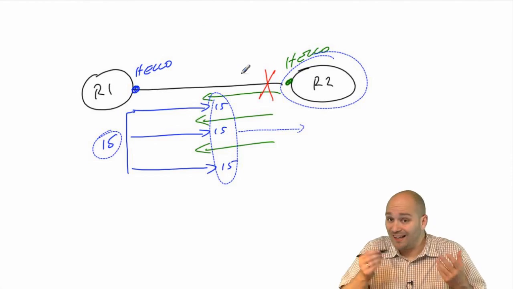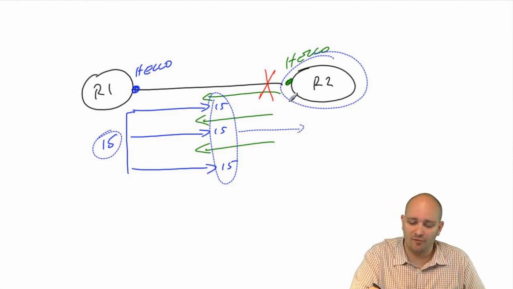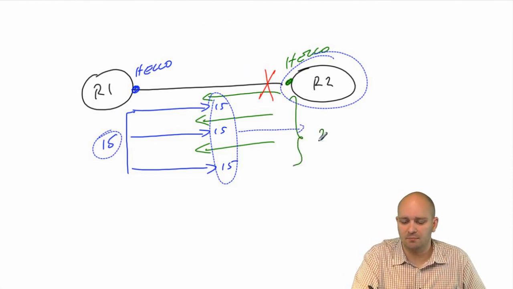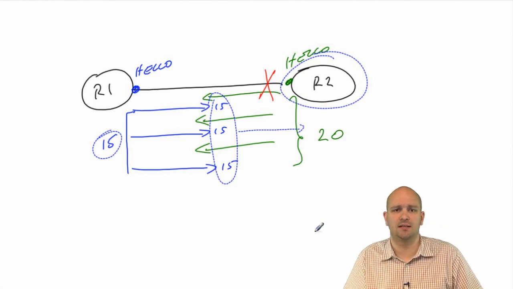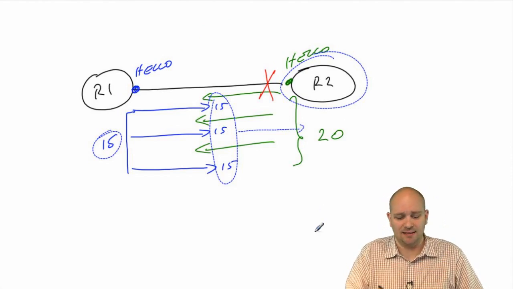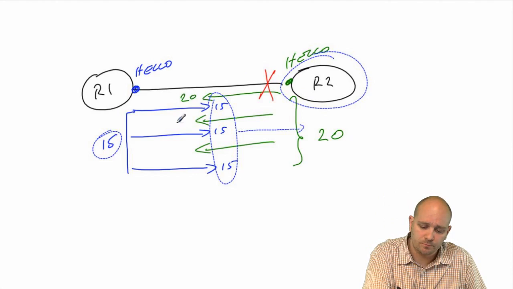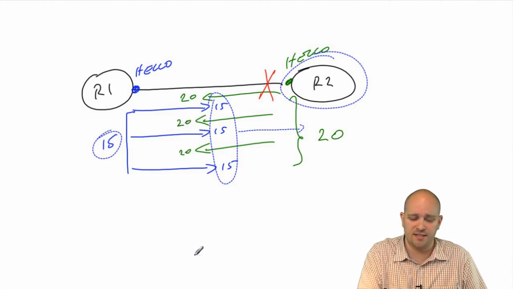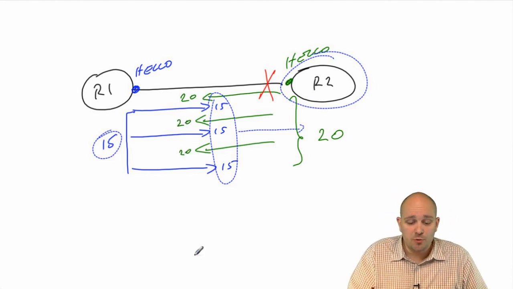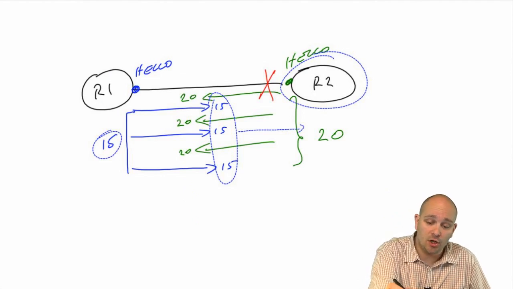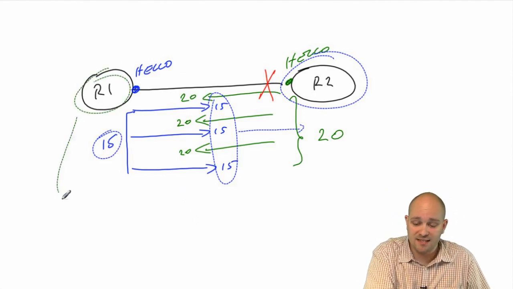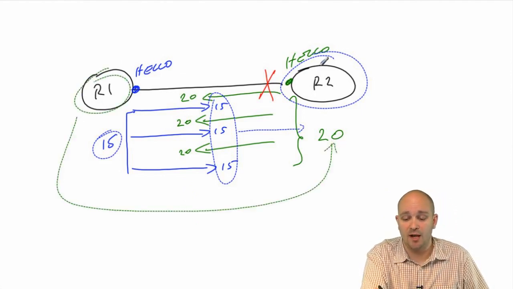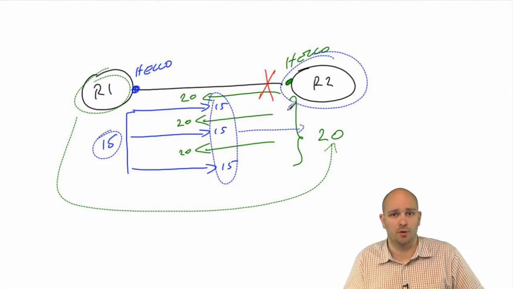But at the same time, on the same link, we could have R2 saying, you know what, use a hold timer of 20 seconds. This information will be included in every single hello message, which means that R1 is going to be using it to determine whether R2 is reachable or not.